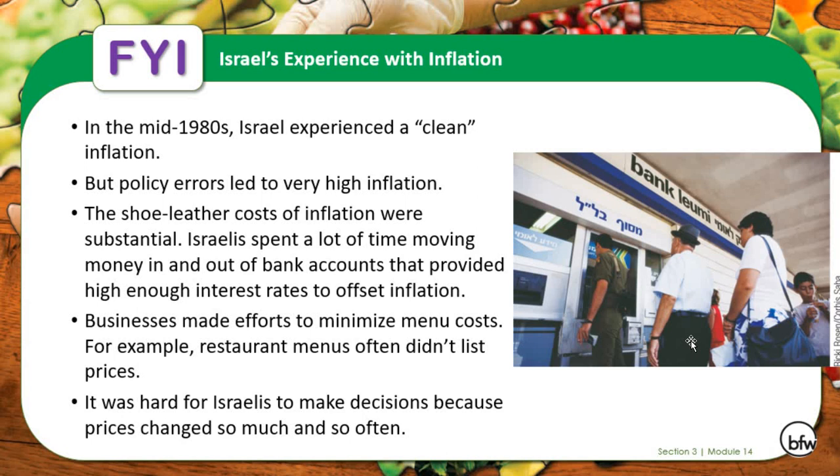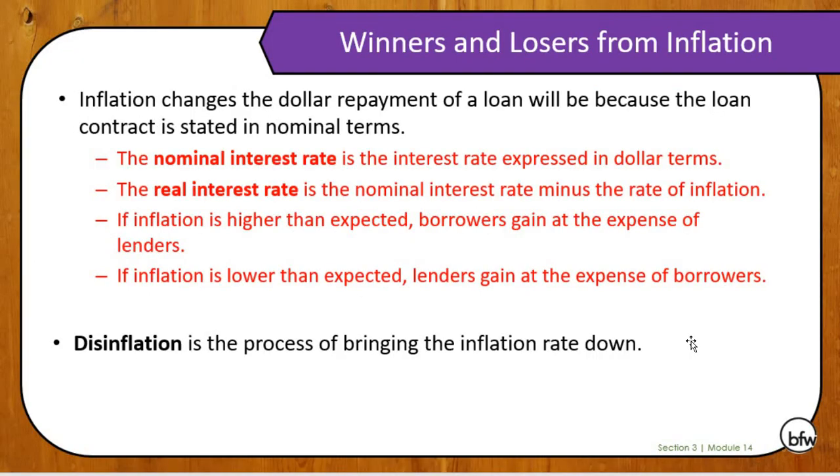For example, restaurant menus often didn't list prices. It was hard for Israelis to make decisions because prices changed so much and so often. Housing prices in Israel during this time were actually listed in US dollars, and then based on whatever the current exchange rate was, or whatever the current inflation rate was, that impacted the exchange rate, and so that would dictate how much you paid in actual Israeli cash for a house.